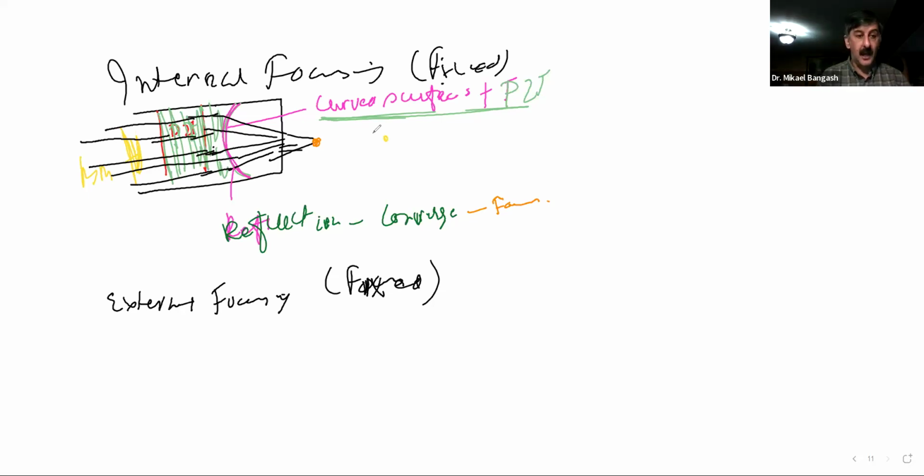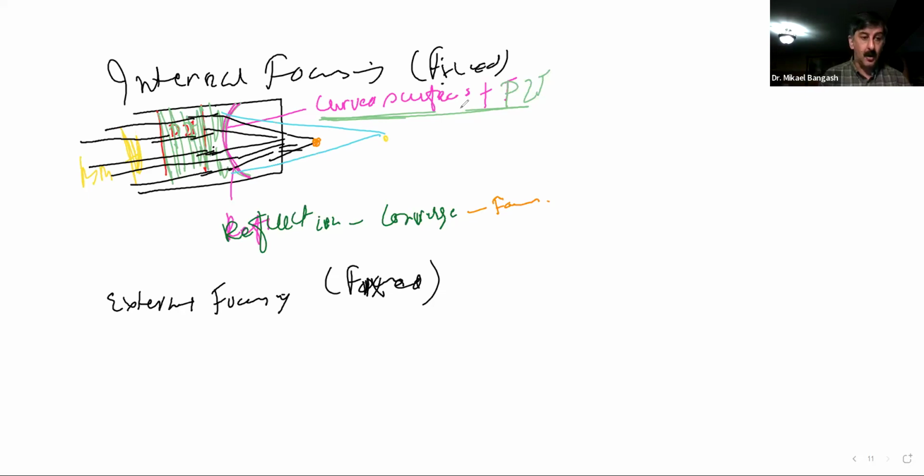But that will be the focal point of this transducer, which was fixed, all determined by the curvature of the PZT.